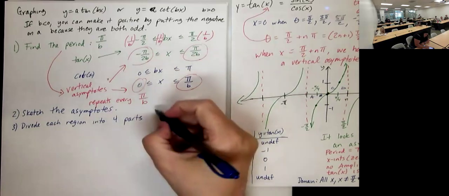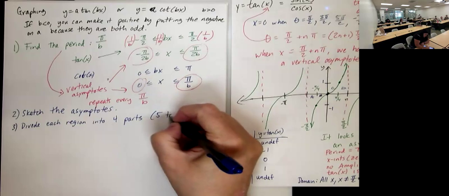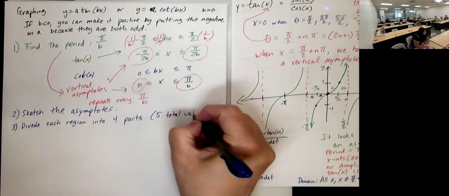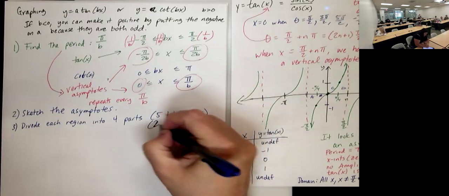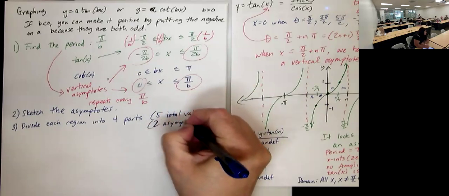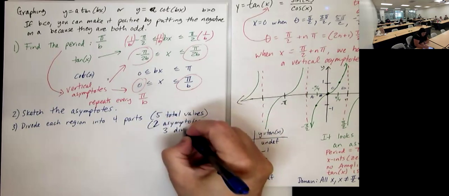Just like sine and cosine, we have 5 total values we care about: your 2 from your asymptotes and the 3 dividers.